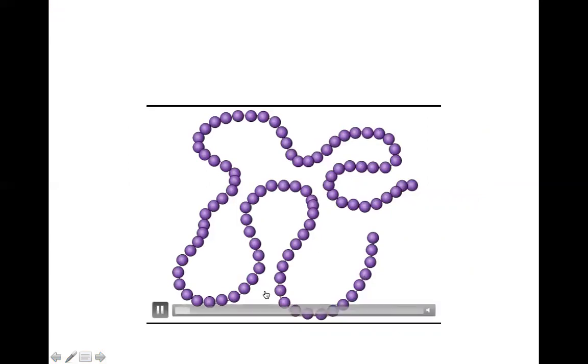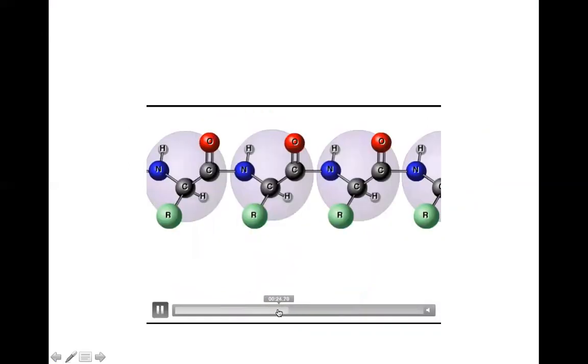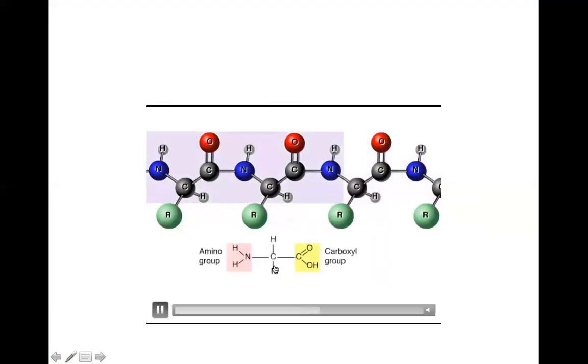If you take a closer look at this, it's going to show you a more up close representation of what it looks like at the molecular level. When you zoom in, there's your carboxyl group, there's your amino, there would be your peptide bond, there would be your R group. What I like about this little animation is it's reminding you that it's the R group that can change.